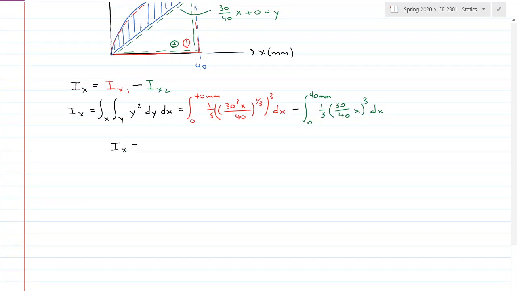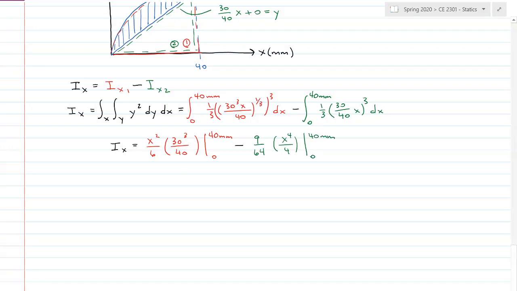All right, and what that gives us, Ix is equal to x squared over 6 times 30 cubed over 40, 0 to 40 millimeters, minus, I know I'm doing an intermediate step, I haven't done that with the other ones, 9 over 64 times x to the 4th divided by 4, from 0 to 40 millimeters.